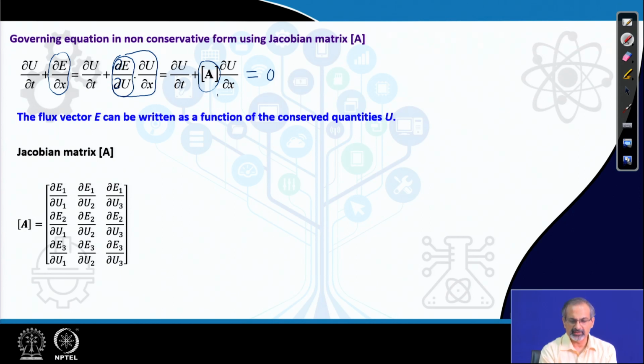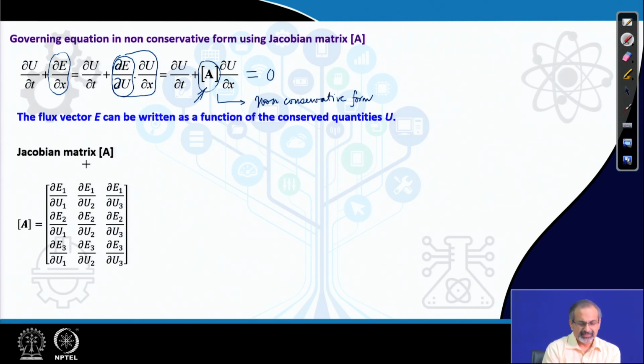So, you can understand from what we just discussed that this is actually a non-conservative form. In the non-conservative form, there is a coefficient matrix which is being multiplied with del u del x, and we want to find out what that matrix contains.